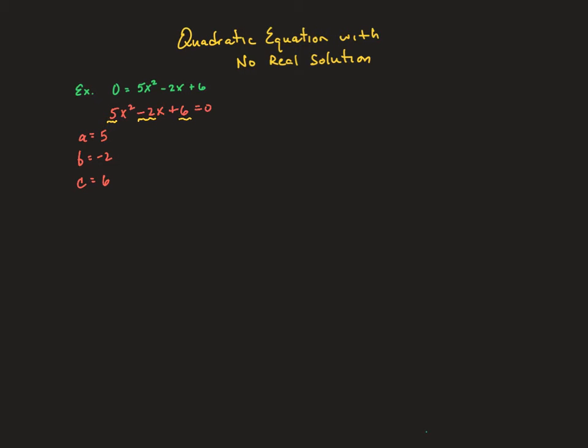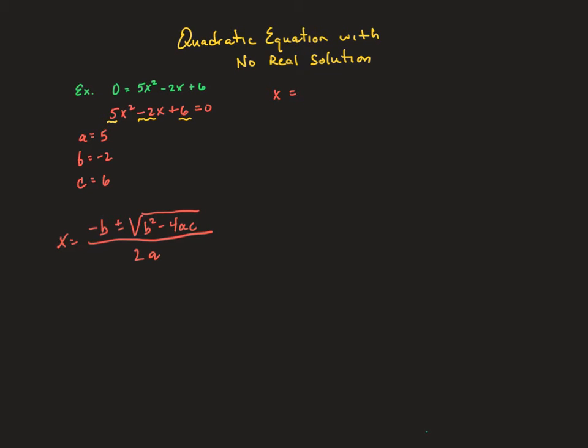Now we're going to substitute that into the quadratic formula, and remember that is x equals -b plus or minus the square root of b squared minus 4ac, all of that over 2a.